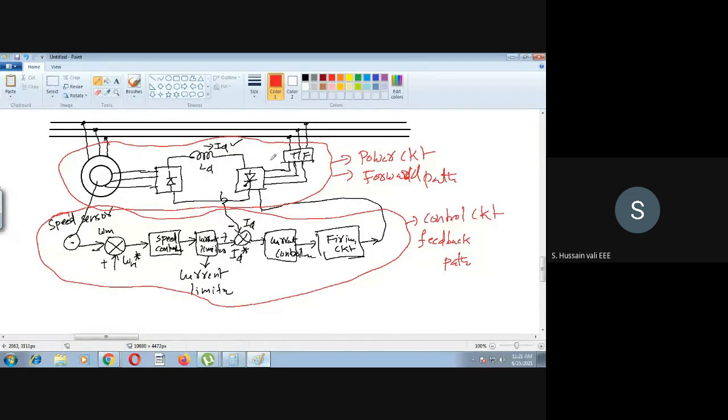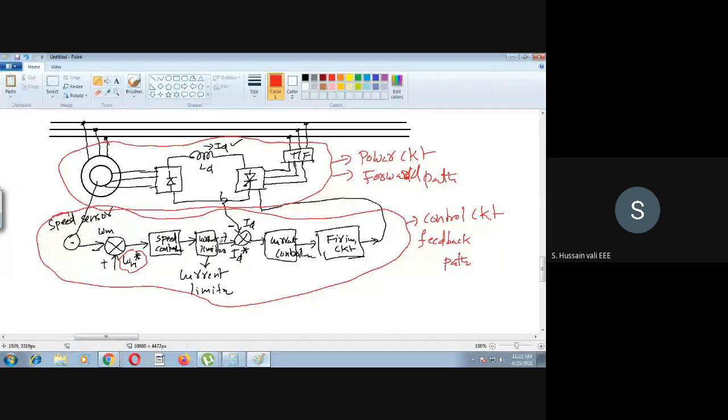So what you require for the power circuit, based upon that only you design the controller. First of all, what do you want to do? First of all, you want to set a reference. You want to run the induction motor at a particular speed. So how do you run that? Definitely you will take the feedback of the speed, because you want to run at a particular speed. So that speed is the reference speed. This reference speed will be compared with the actual speed of the induction motor. Then you get some error, and that goes to the speed controller.